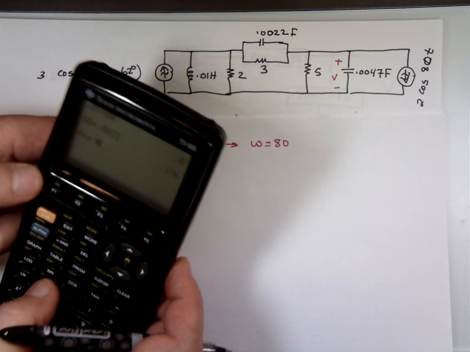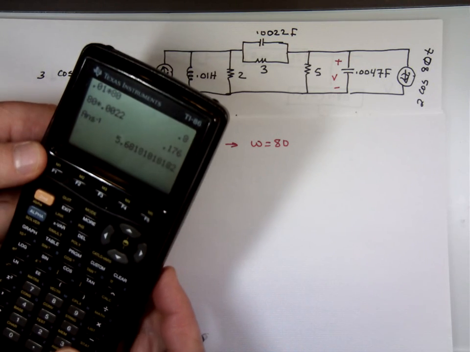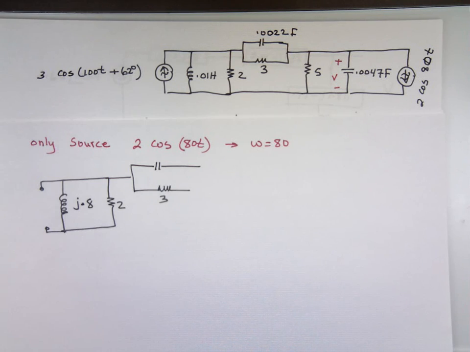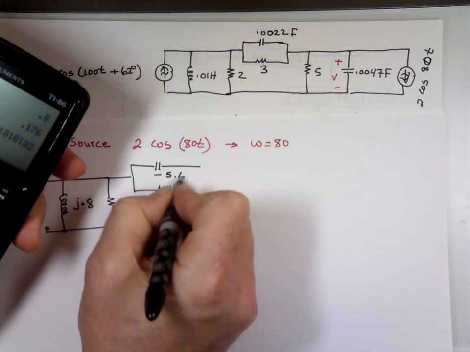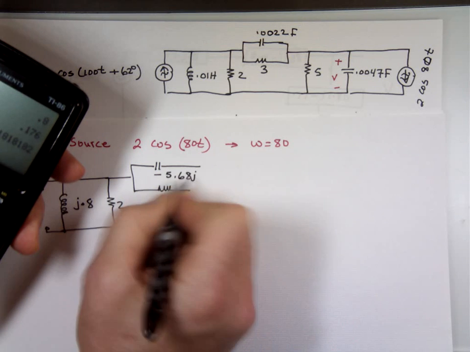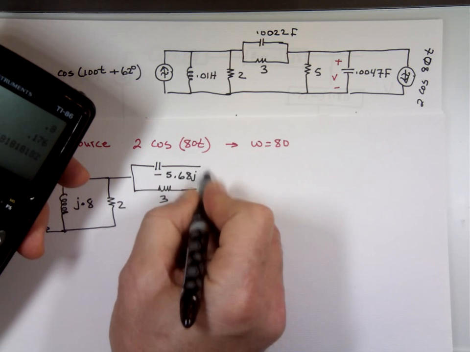Is it 5.68? Negative 5.68j. Double check that. I'm not really good with the calculator.